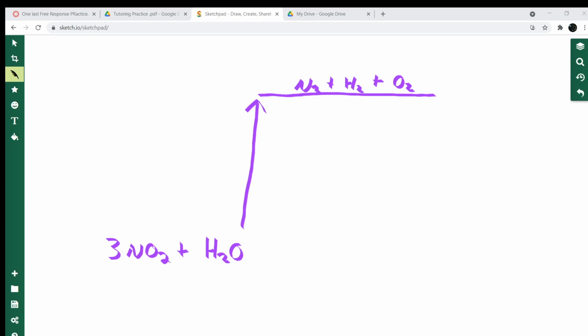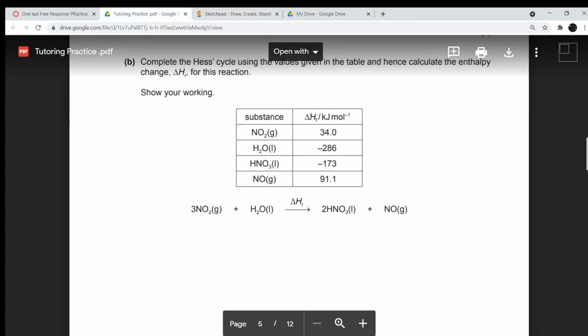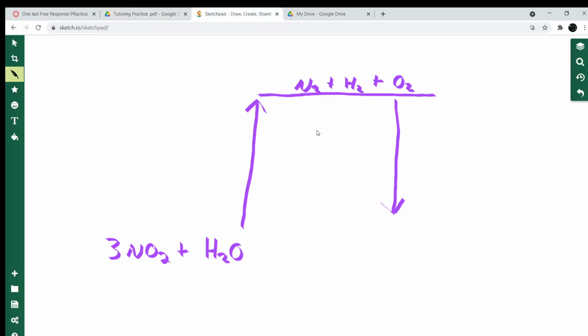From here, we go down to our end goal elements, and our end goal elements are going to be the HNO3 and the NO.